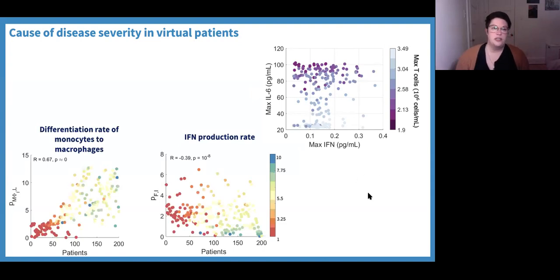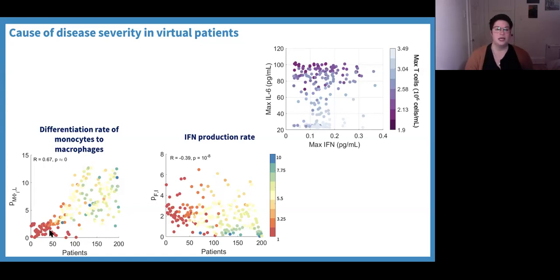And with respect to interferon delays, what came out is, of course, this interferon production rate, which I had alluded to earlier, which drove the mild and severe differentiation in the average case. But what was really interesting is that the differentiation rate of monocytes to macrophages was really tied to this interferon delay.